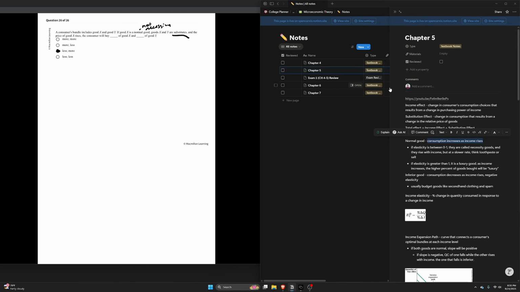All right. Last one. A consumer's bundle includes good X and good Y. If good X is normal, and good X and Y are substitutes, and the price of good X rises, then the consumer will buy blank of good X and blank of good Y. So they're substitutes. Think like Coke and Dr Pepper.